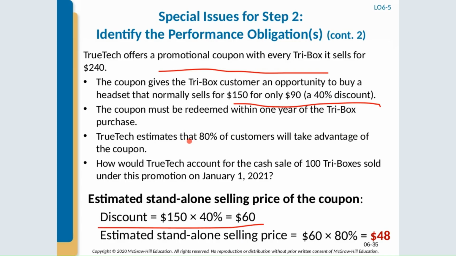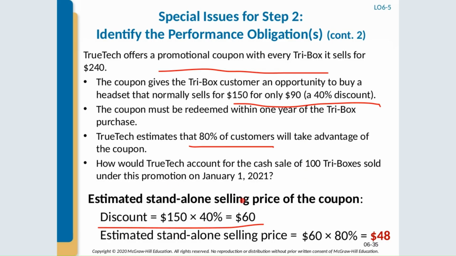TrueTech estimates, so the seller or merchant always has to estimate the percentage of customers that will actually redeem the coupon. All right, so you need to pay attention to that. And they may use prior experience to come up with a percentage.